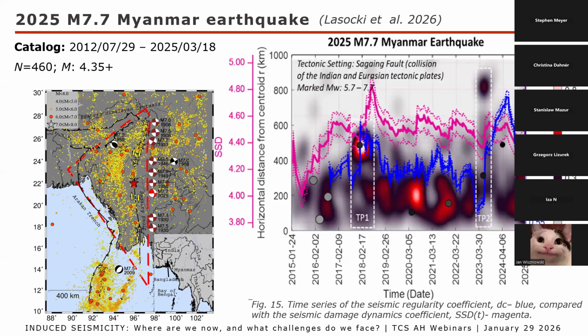And the last example comes from last year's Myanmar earthquake of magnitude 7.7. This work was published, I think, this week, and it shows the behavior of these two parameters, SSD and DC, before this earthquake.